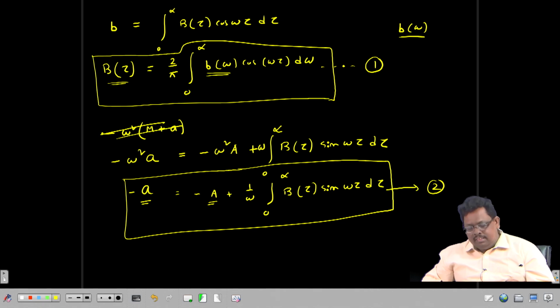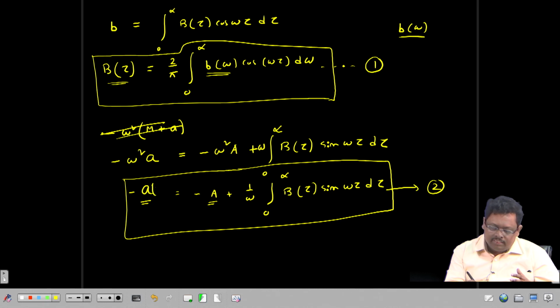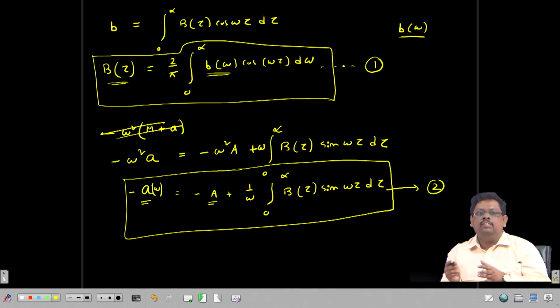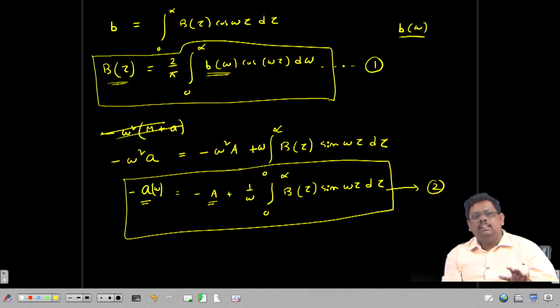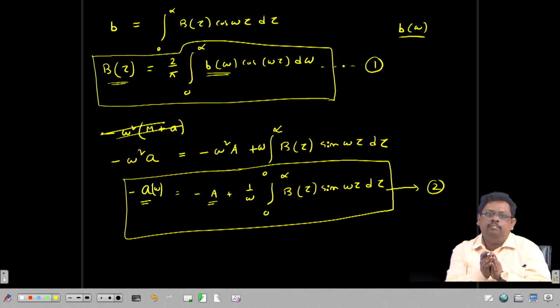Since we already have the frequency domain result, why do we need to do all these things? We are going to answer this in the next class, where we discuss how we can numerically find b tau and then capital A. But here I can modify this equation very quickly.